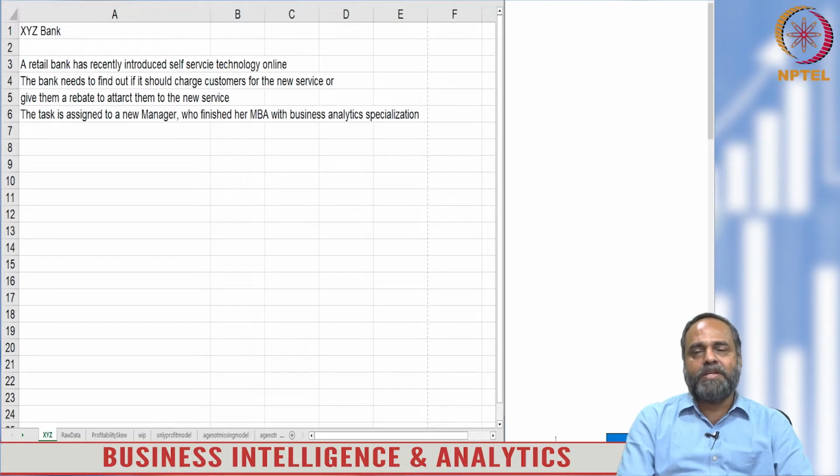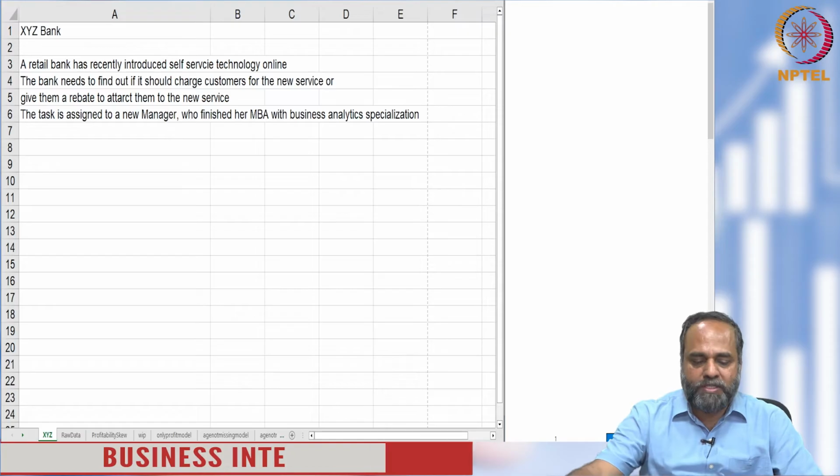And she goes back home and thinks about the problem, and of course this is a new job and one has to prove oneself, and this is a big opportunity to apply one's analytical skills. And hence she frames something in the mind and goes back to the organization the next day and asks for some data.